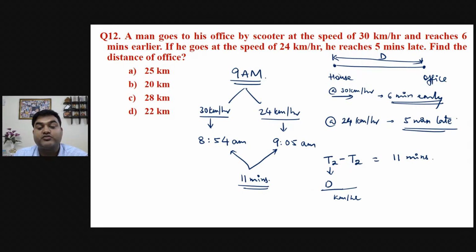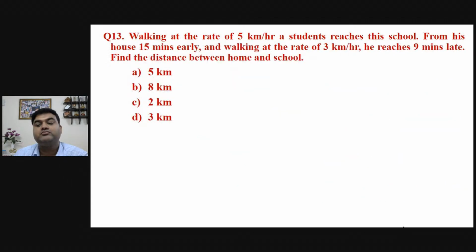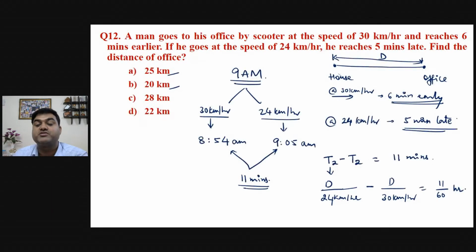In the second case it is 24 kilometers per hour. So D divided by 24 kilometers per hour minus D divided by 30 kilometers per hour is equal to 11 minutes. This has to be changed to hours, because the answer is given in kilometers. So 11 by 60 hour. Correct, no? Minutes have to be changed to hours.